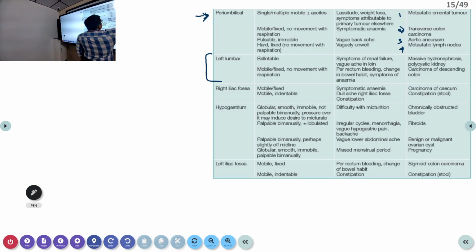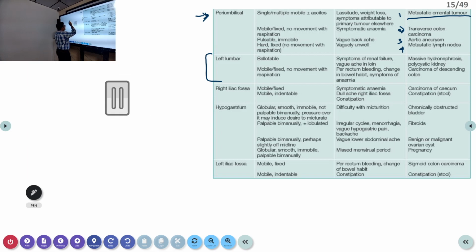So in mesenteric and metastatic omental tumors, the omentum is a large peritoneal fold which covers all over the abdomen. So if any omental tumors are there, you can palpate them in the umbilical area.